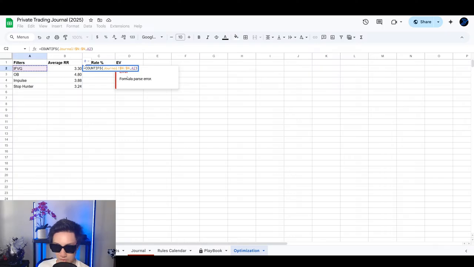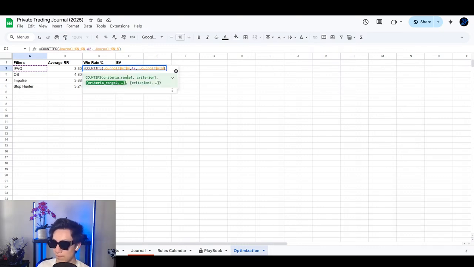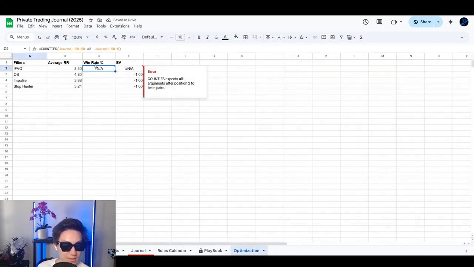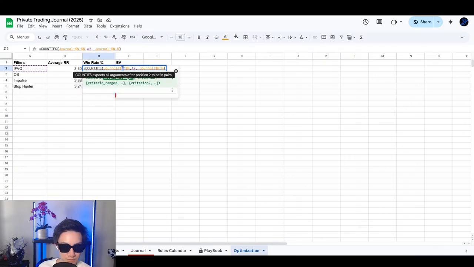Because that's the specific thing we're looking for the win rate for. And then we have to look through G to first filter out IFGs.